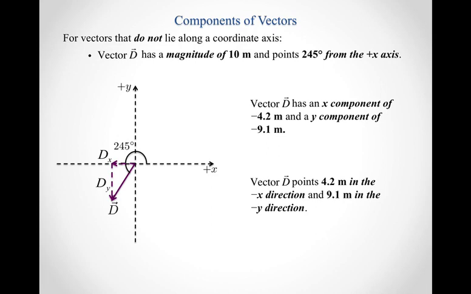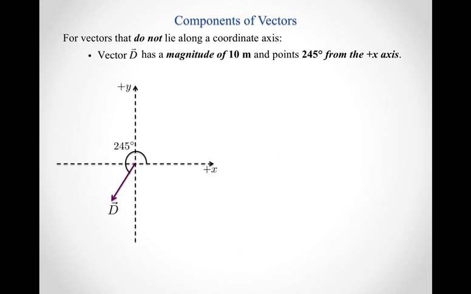Now, just to emphasize the point, we didn't have to choose the particular angle that we did. So instead of picking the 65-degree angle that vector d makes with the x-axis, we could have picked the 25-degree angle that it makes with the y.